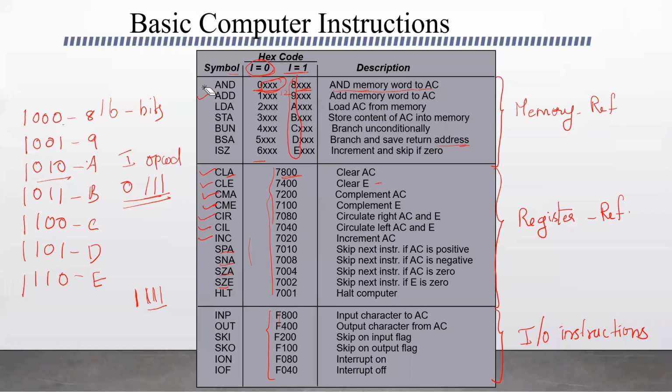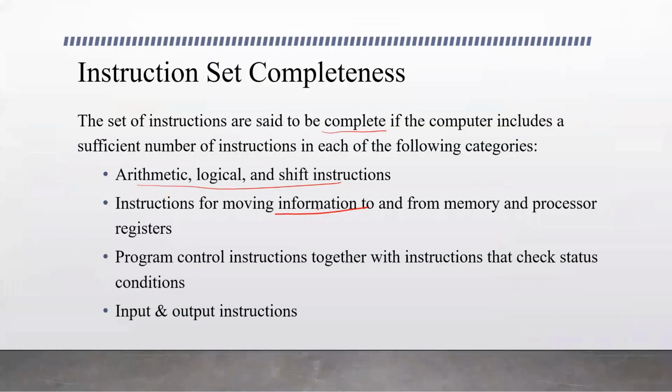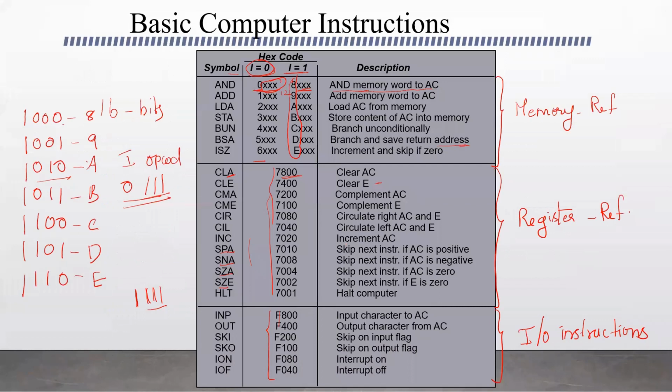And if we see the second type of instructions, for moving information to and from memory, we have load the content of AC into memory, store the content of AC into memory. Here load from memory, LDA, and STA, store the content of AC into memory. And skip the next instruction if AC is positive.